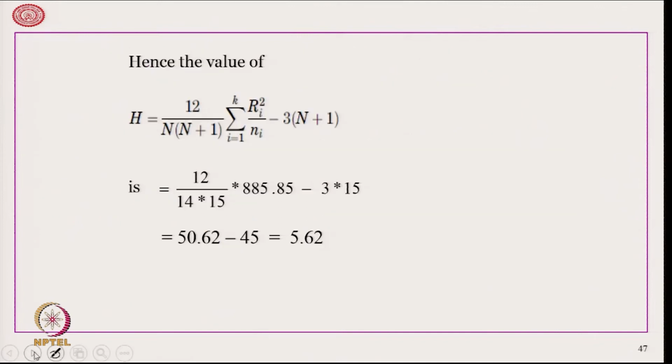885.85. Therefore, the value of the Kruskal-Wallis statistic H, for which I have already given you the formula, is 12 upon 14 times 15, times sigma Ri square by Ni, which is 885.85, minus 3 times 15, which when we simplify gives 5.62.